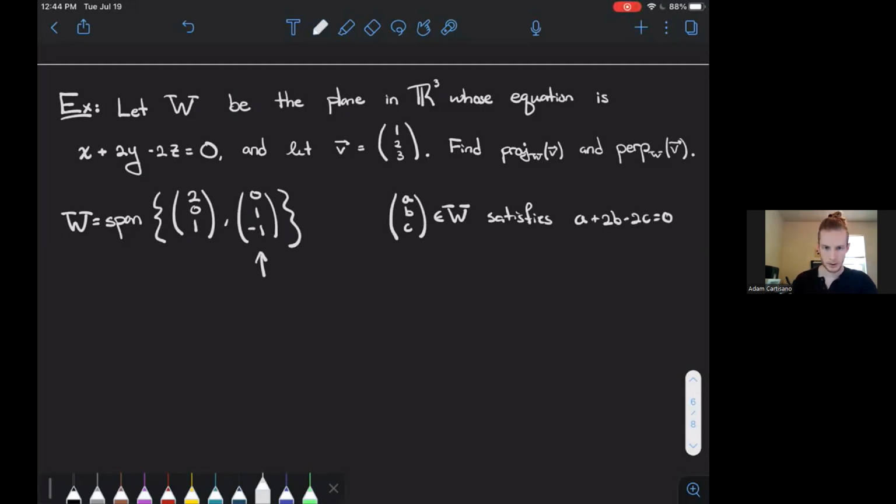But if you're orthogonal to this other one, you also have, dotting these two vectors, a times 0 plus b times 1 plus c times negative 1 equals 0. So b equals c, or b minus c equals 0.